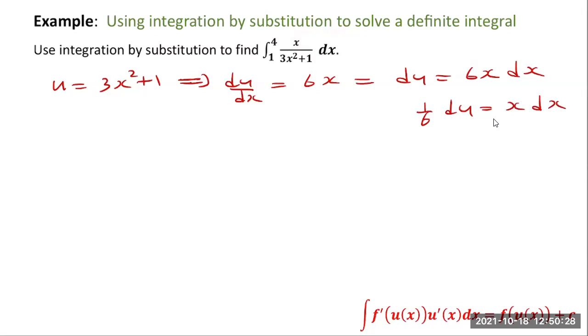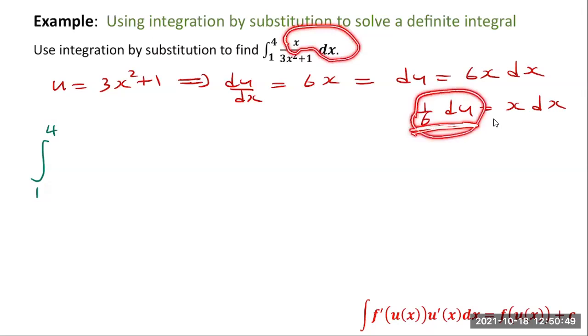Now I'm ready to go with my u substitution. You should have 1 to 4. Remember, when you say 1 to 4, these are the x limits. Okay, keep that in your mind. So this is equal to x dx, which is 1 over 6 times du.